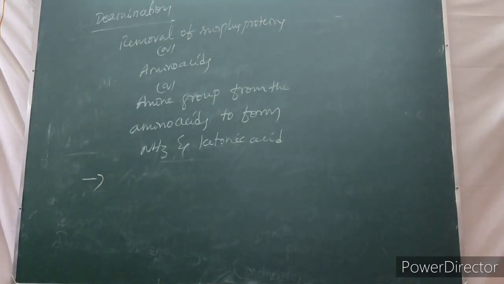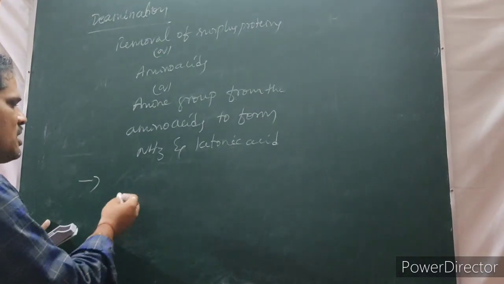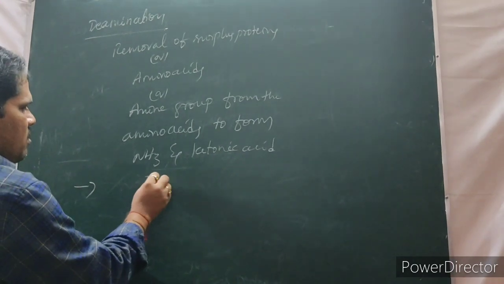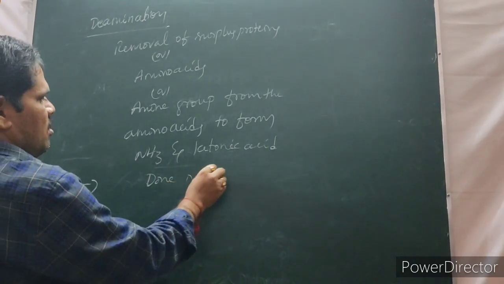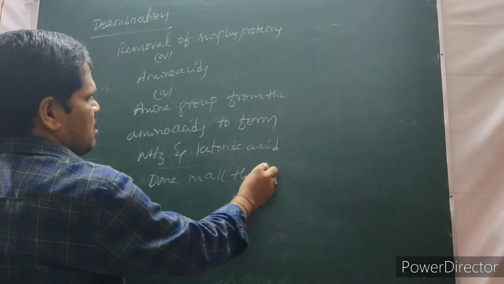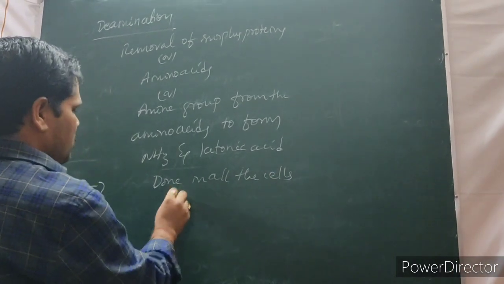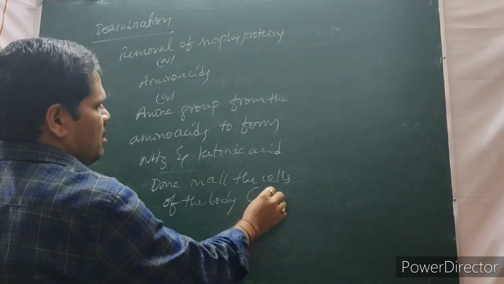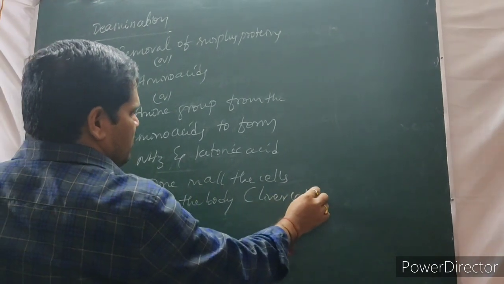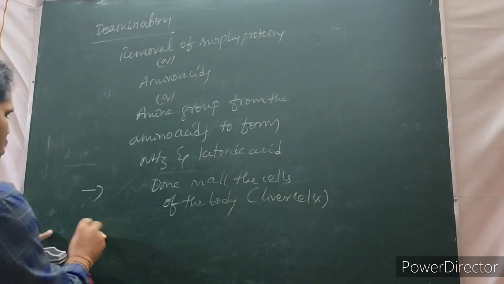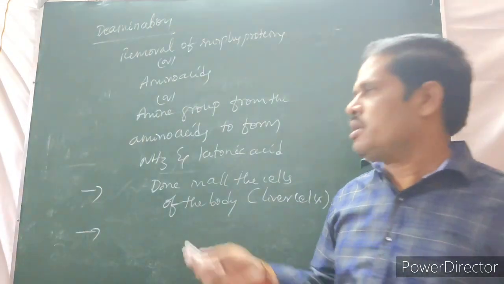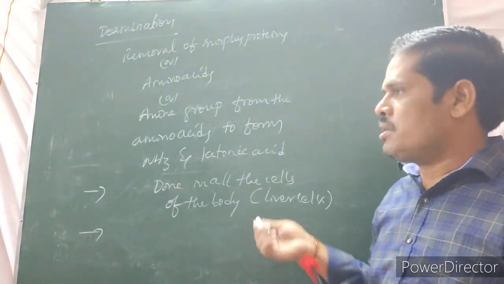It is done in all the cells of the body, especially in the liver cells. Why is deamination done in the cells of the body?